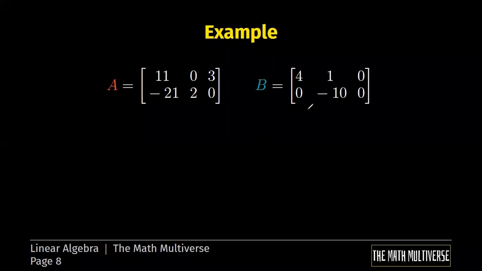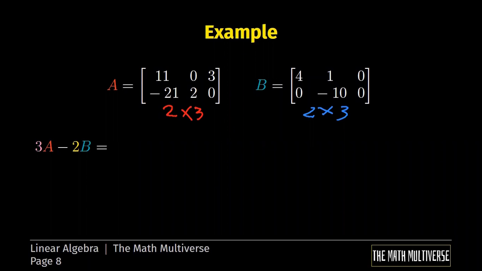This is a 2 times 3 matrix, and here we have again a 2 times 3 matrix. So yes, we can do A plus B, but we want to do something a little bit more difficult, which is the following. We want to compute actually 3A minus 2B.